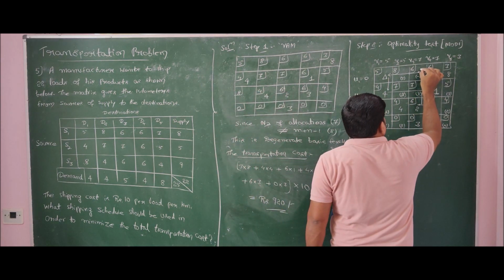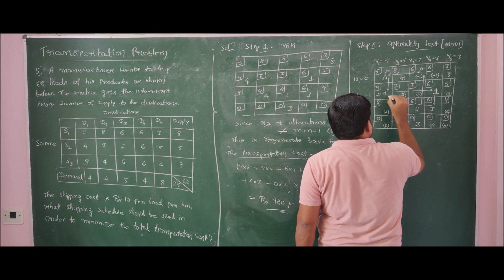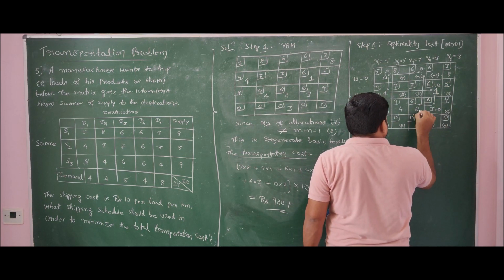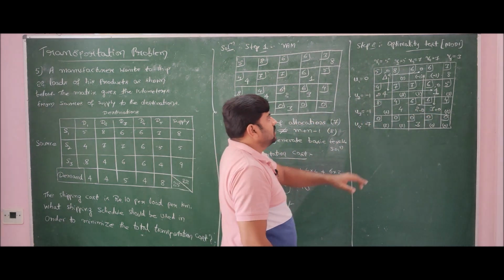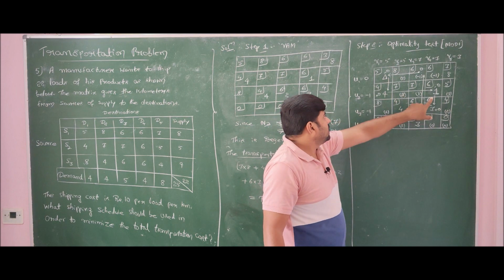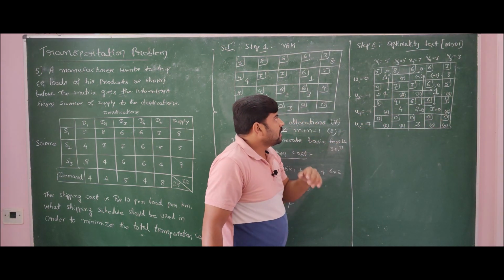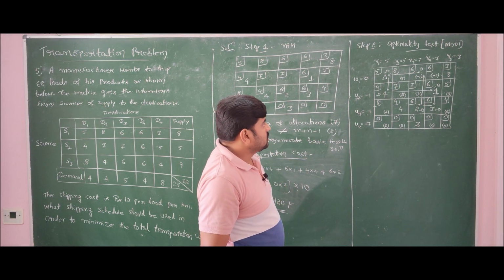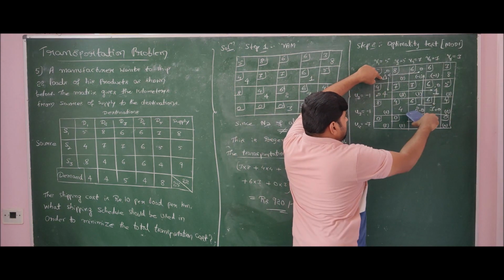So where I should add plus theta, minus theta, alternately: plus theta, minus theta, plus theta, minus theta, plus theta, minus theta. Now what is the value of theta such that the allocation will not become negative? We have negative points here, here and here.